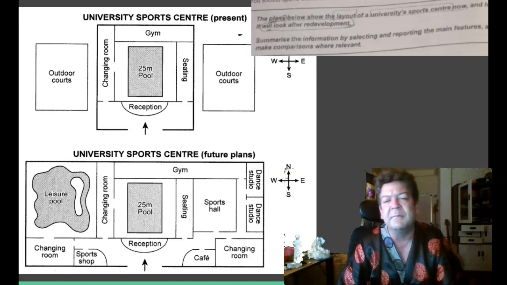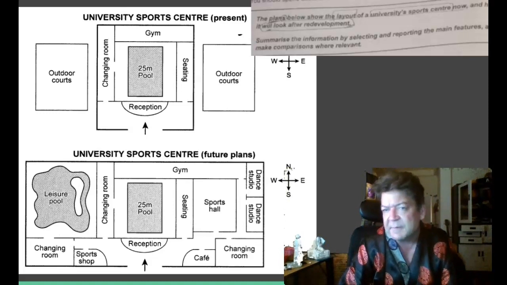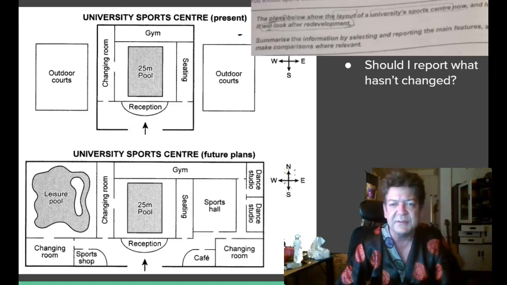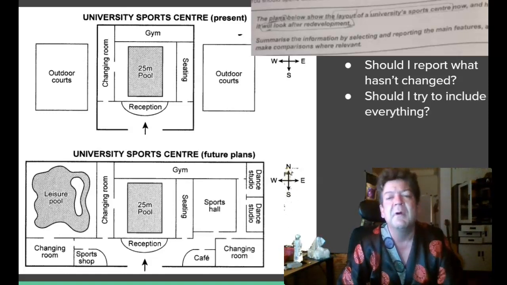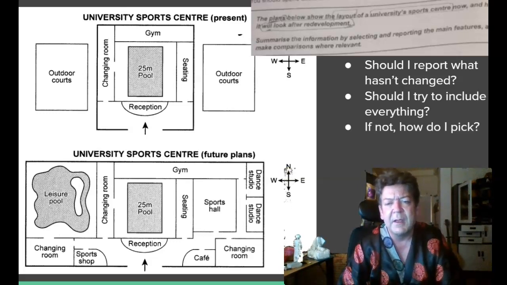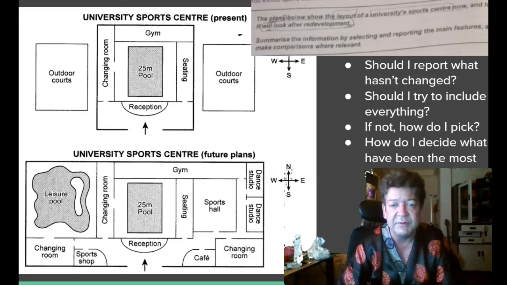Alright, well, if something hasn't changed, should I report it? Is that part of what we're looking at? Sometimes. Should I try to include everything? We've only got like a dozen things here, right? If not, how do I pick what I leave in and what do I leave out?